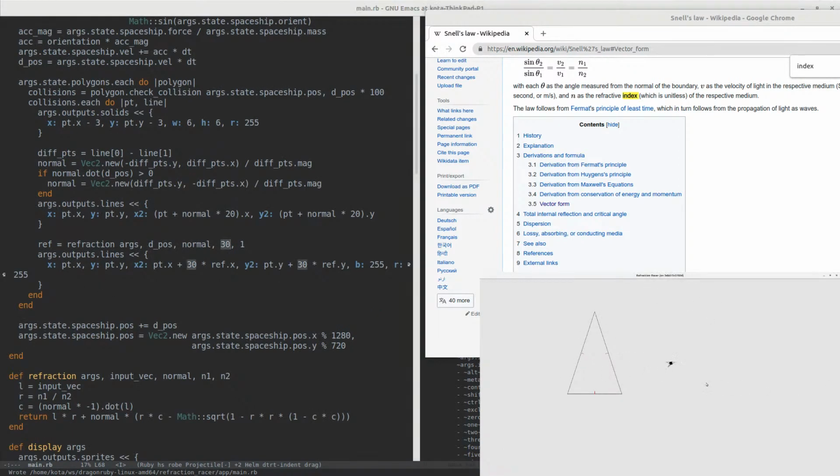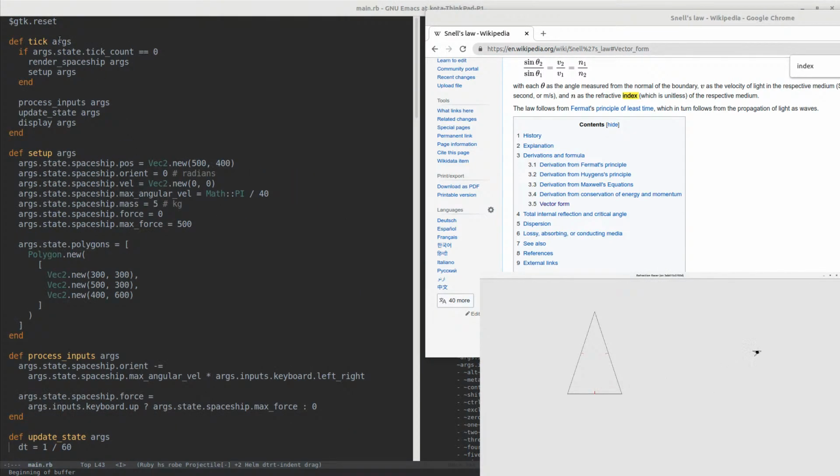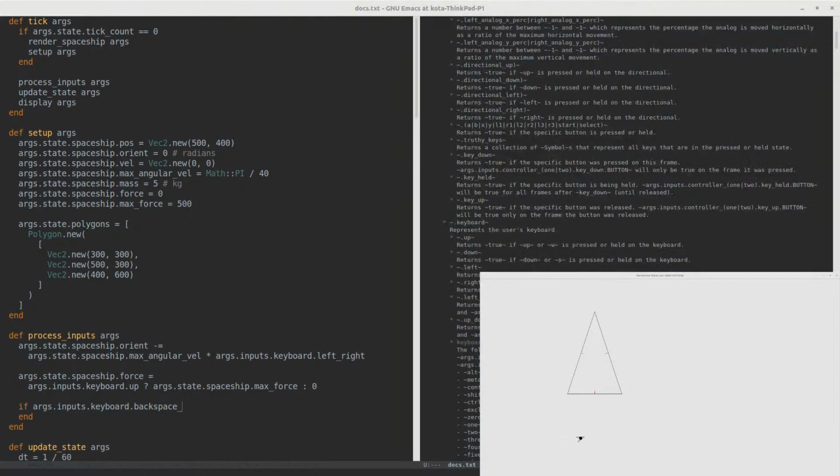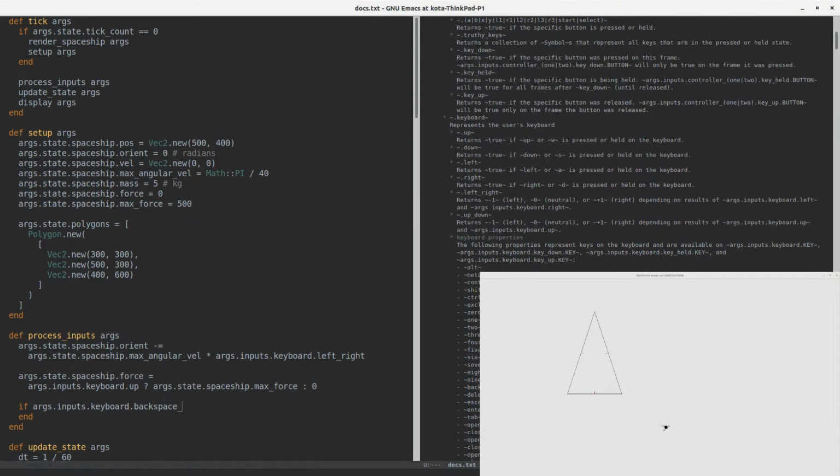Also, one thing is right now I have the GTK reset up here. Let's not do that, and instead we can have this in process inputs to say args dot if args dot inputs dot keyboard dot key down dot backspace.